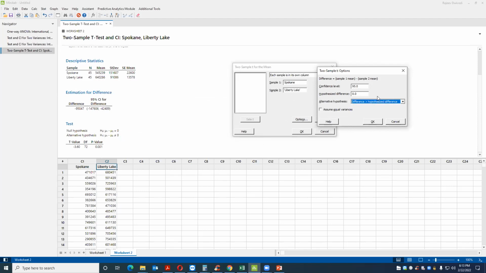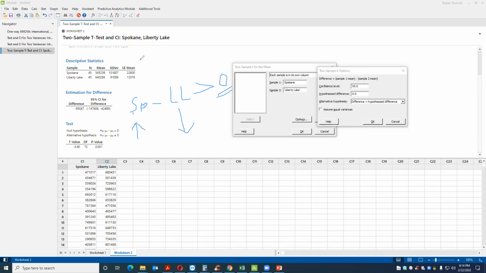I'm saying Spokane housing prices are more than Liberty Lake. So basically, if you see, mu1 is Spokane minus Liberty Lake. If this is greater than the hypothesized difference, which is 0, that means what would be the bigger factor? Spokane is higher and this is lower, then only we get bigger than 0.